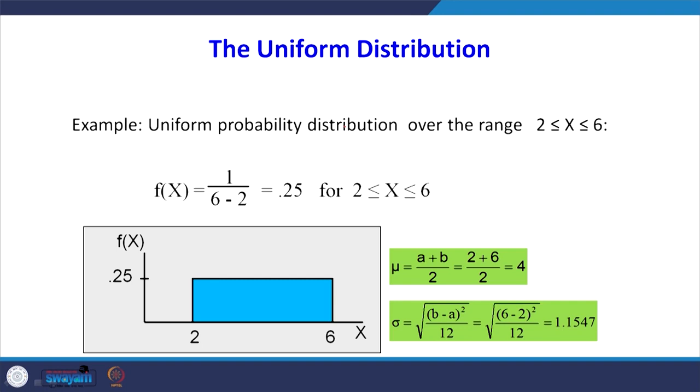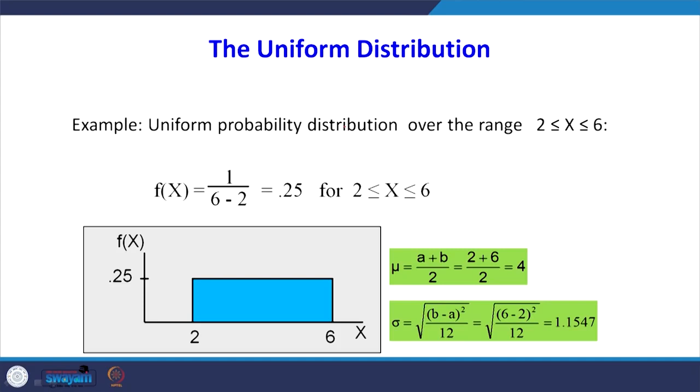Suppose a uniform probability distribution over a range is defined this way: 2 less than or equal to x less than or equal to 6. If we want to know f of x, we know it is 1 divided by (b minus a). b is 6, a is 2. So, 1 divided by (6 minus 2) is 0.25. What is the meaning of this 0.25?